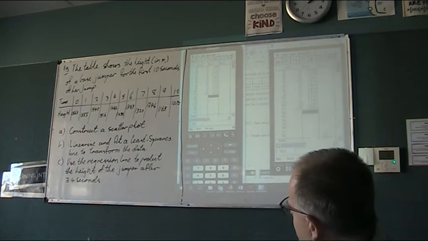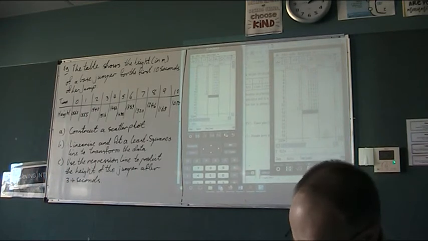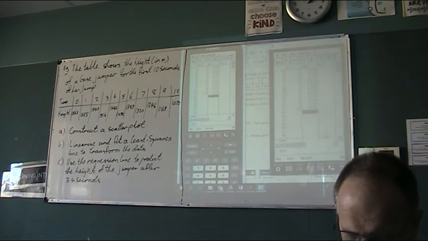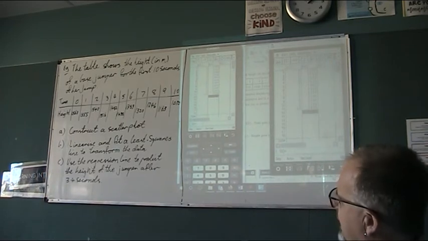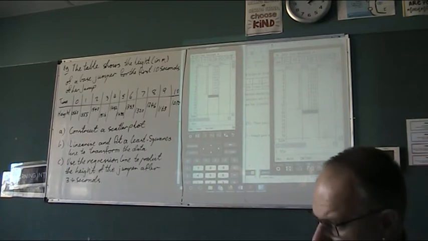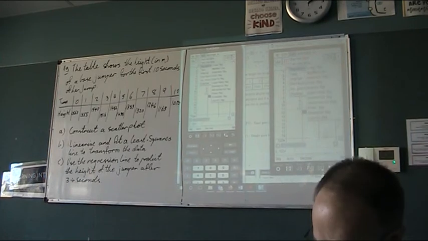So we need to construct a scatter plot. I'll go through the few different ways that we can do this, but what we also need, as it shows on here, is to go to the calculate menu, then regression and linear reg.